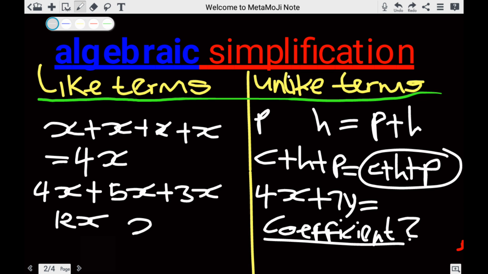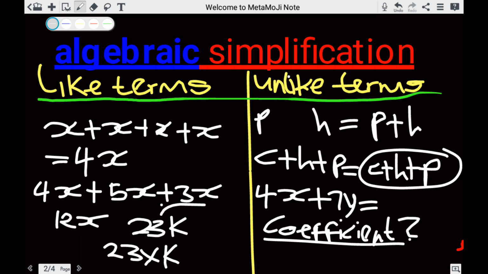So what is the coefficient of 23k? In 23k, the coefficient is 23 because that is the number that is multiplied to this k. Now let's talk more about this 23k. 23k simply means 23 times k.